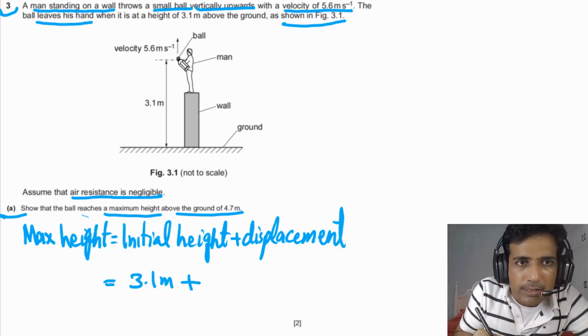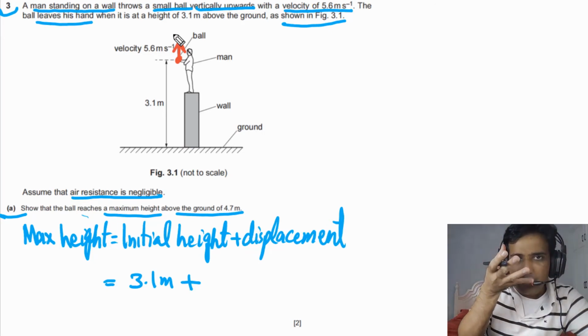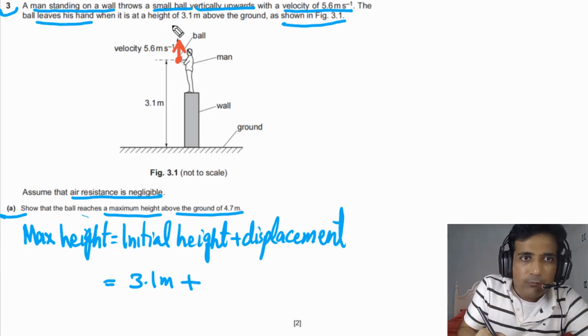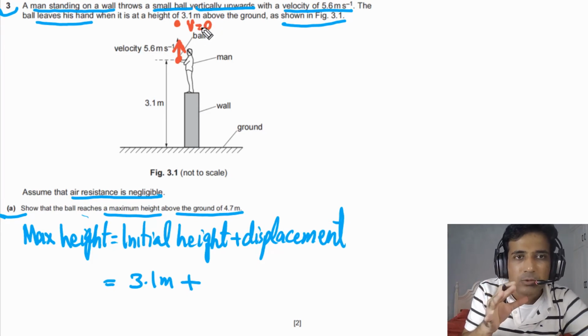Let's try to understand the motion of this ball. This ball has initial velocity, and the direction of initial velocity is vertically upwards. This ball will go vertically up, but the force of gravity is acting down, so this ball will slow down. Finally, this ball will reach its maximum height, and at maximum height v will be equal to 0, meaning the final velocity of the ball at maximum height will be equal to 0.